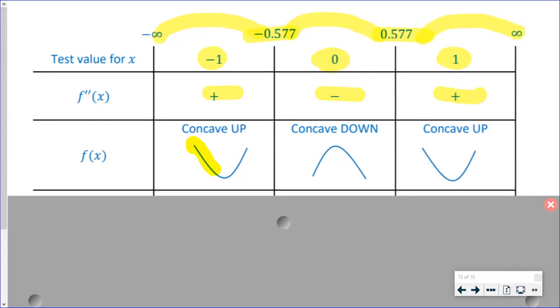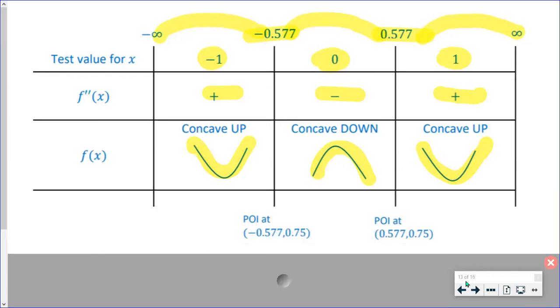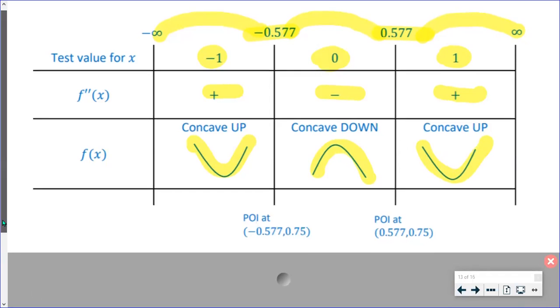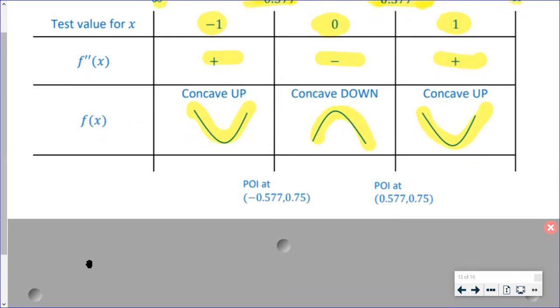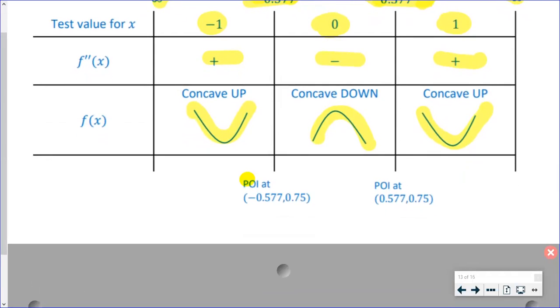Because we're moving from concave up to concave down and then back to concave up, that proves that both of the possible points of inflection are in fact inflection points. So all we need to prove that is this sign table to confirm that we're moving from concave up to concave down. That's not the same as proving local mins and max.